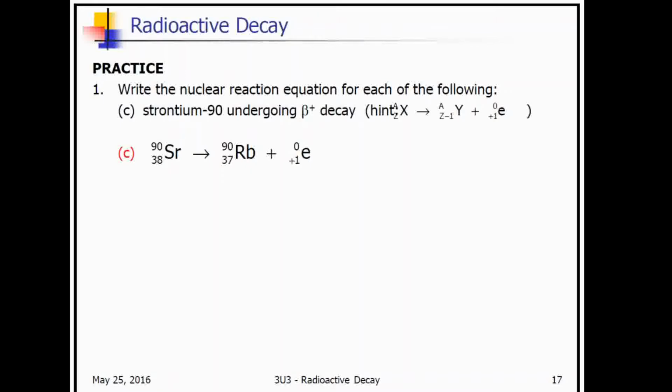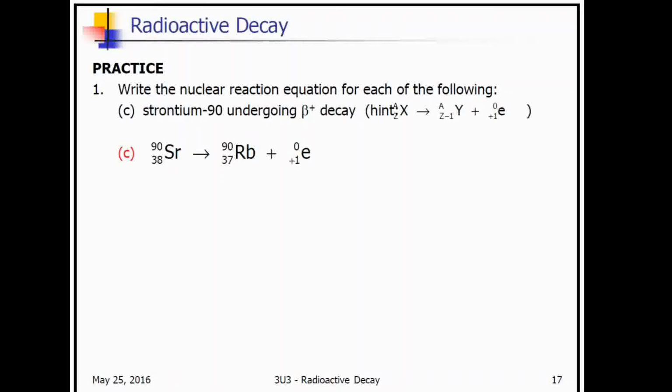So this is when we add a positron. The symbol for the positron is shown there. It's 0, +1, E. It's shown as a +1, just to designate it as different from being an element, because a 1 might imply it's an element.